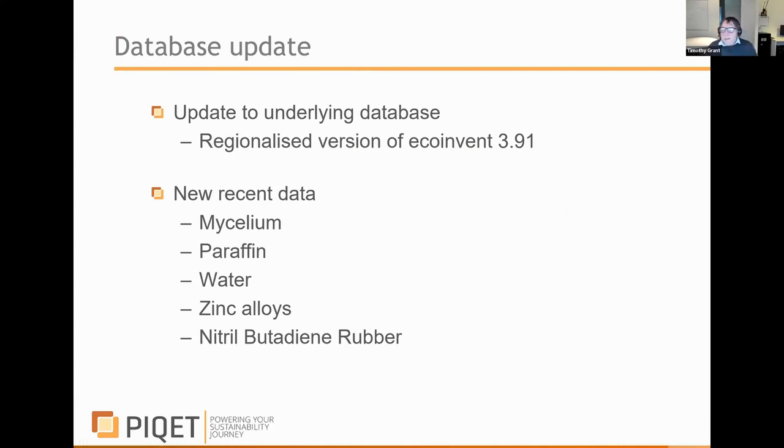In terms of database updates, the main thing we're working on at the moment is updating our core database, which I'll talk about in a moment. But just recently, as requests have been coming in for additional materials, we've added mycelium, which is a mushroom-based packaging material built on top of cereal and hemp straw.